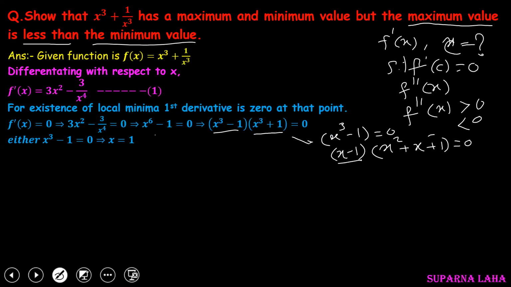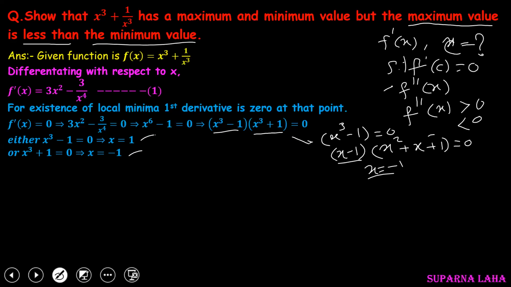So the only real root is x equal to 1. For the second factor, if you apply the a cube plus b cube formula, you will find x equal to minus 1, at which this factor will be 0. So either x is equal to 1 or x is equal to minus 1. These two are the critical points.